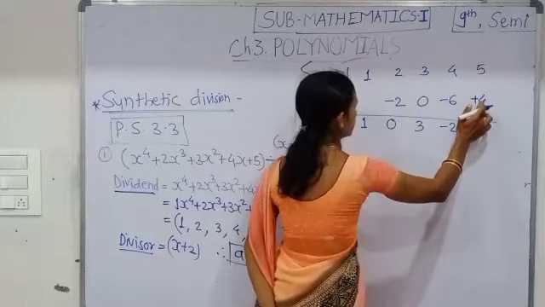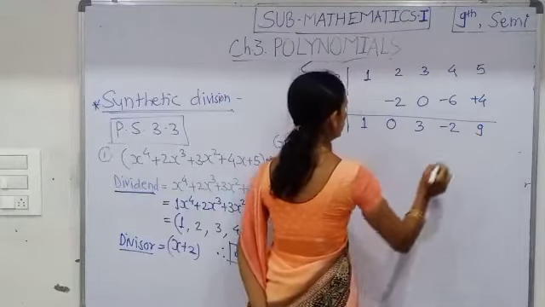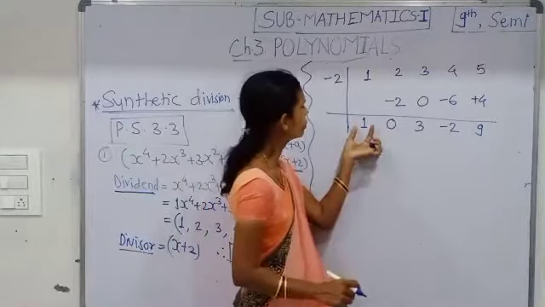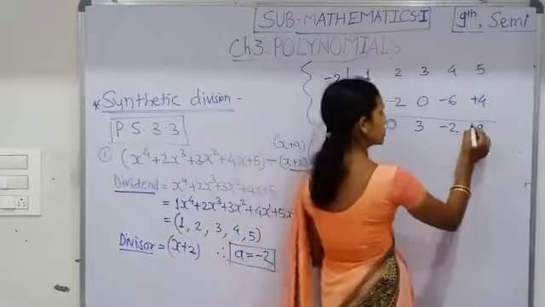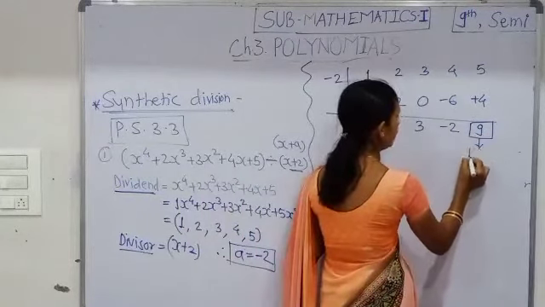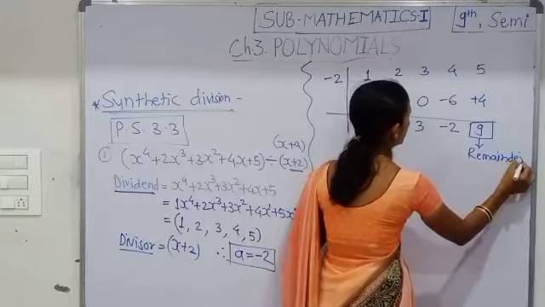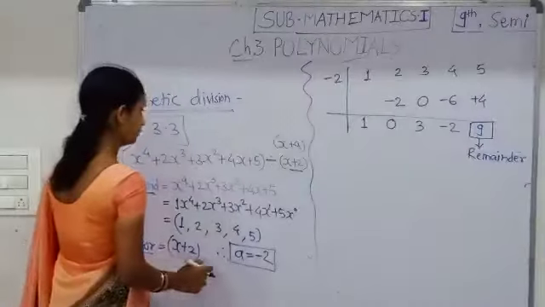Plus 4, plus 5 and plus 4, here we get 9. Then see here, we get the set of digits in which the last digit is the remainder. Therefore, here we get the remainder, that is 9.